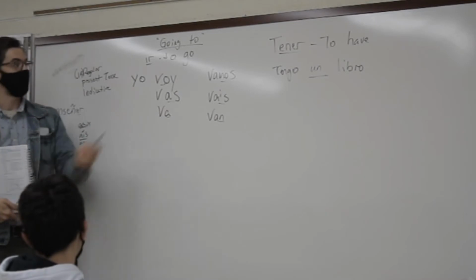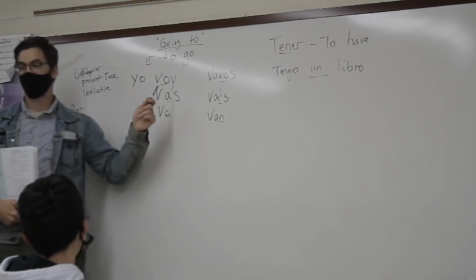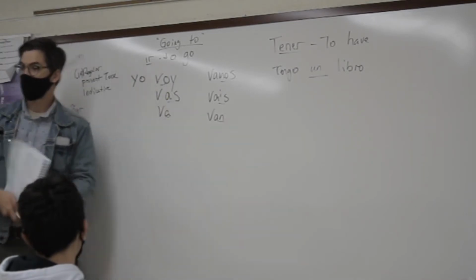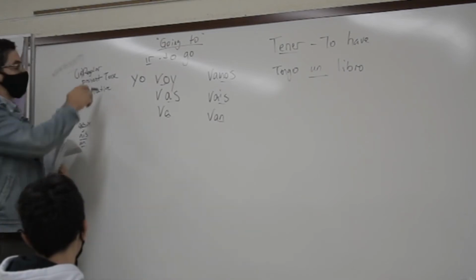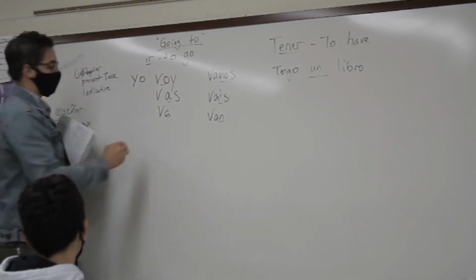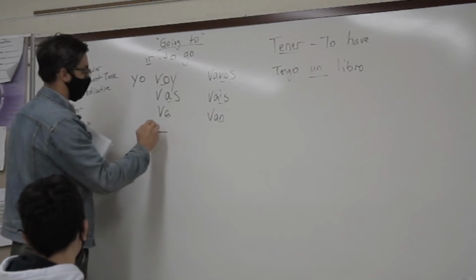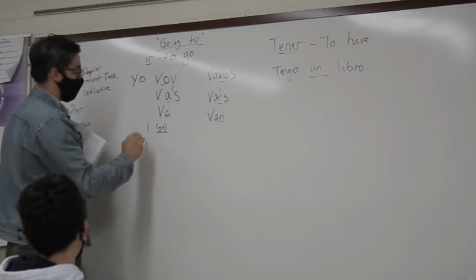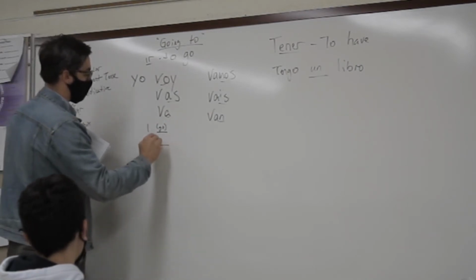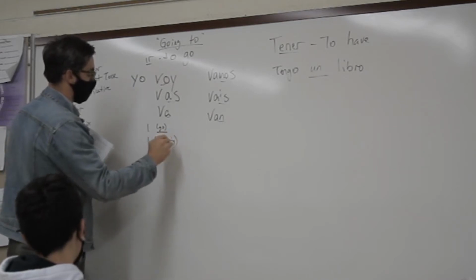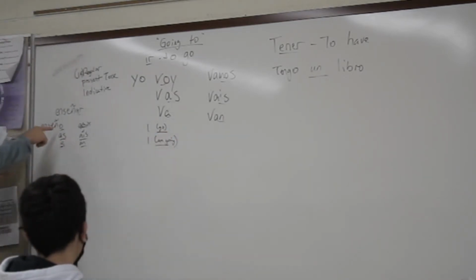So yes, ir means to go. Voy al baño means I go. But all of these regular present tense indicative verbs can be translated I blank, like I go, or I blank as in I am going, or enseño, I am teaching. Okay?